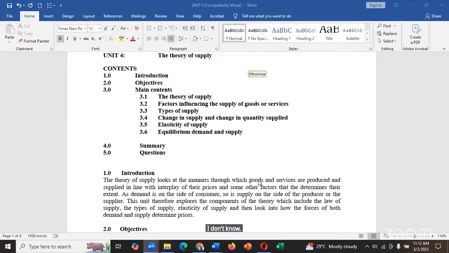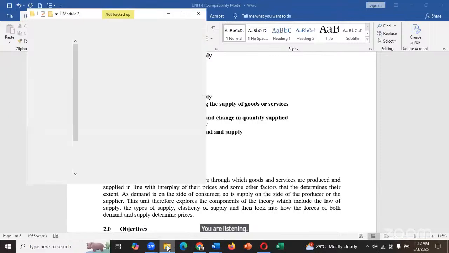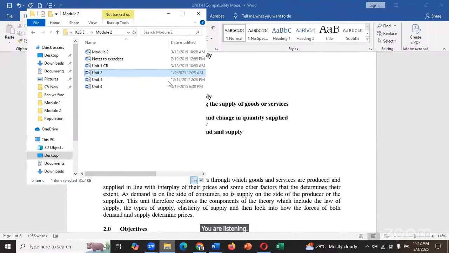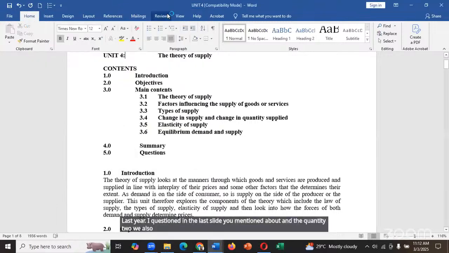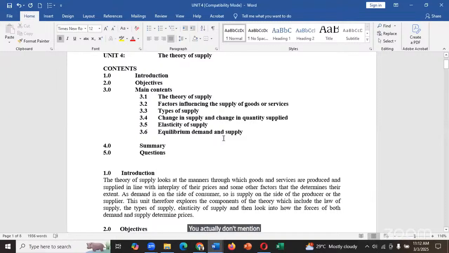A question. In the last class, you mentioned demand. What can cause demand to increase and the quantity to also increase? You did not mention a typical example of that. Let me get your question.